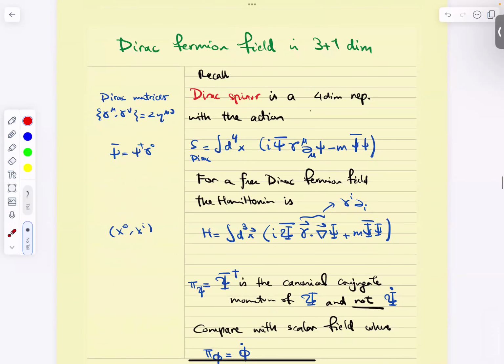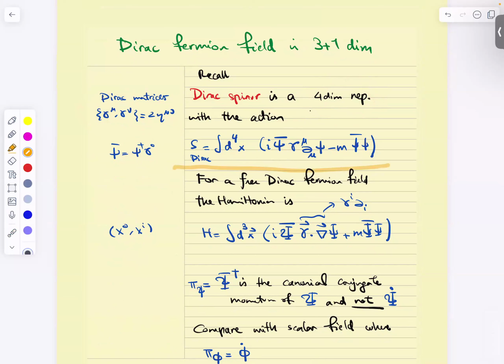Now we want to do a Dirac fermion field in 3+1 dimensions. Remember that we had these Dirac matrices. This is how we constructed the representation of the Lorentz group, the spinor representation. A Dirac spinor is a 4-dimensional representation with the following action, the Dirac action. Remember that psi bar was psi dagger gamma naught. All right, so this is the action.